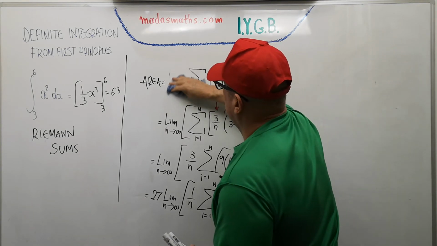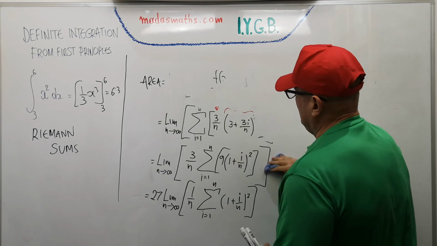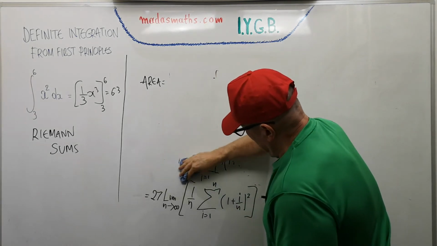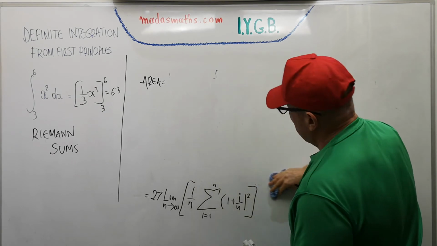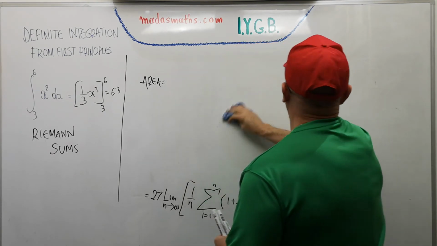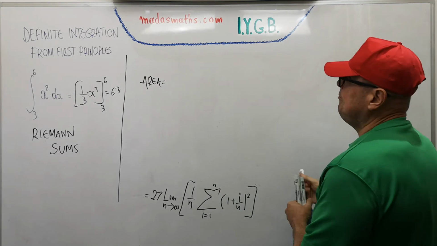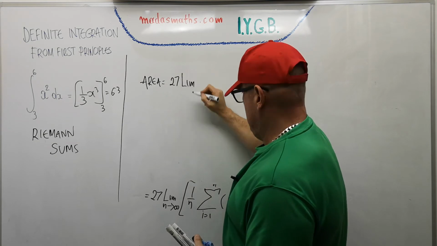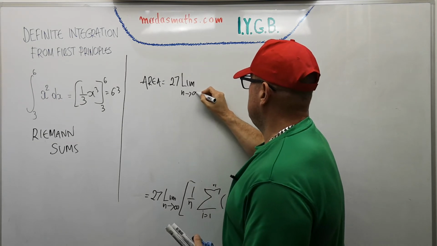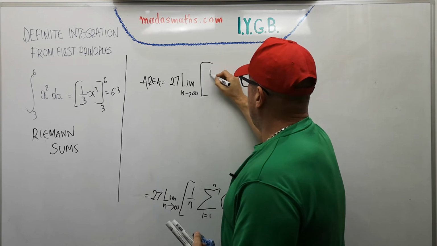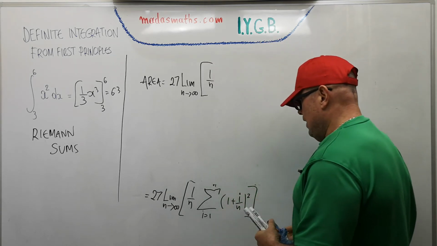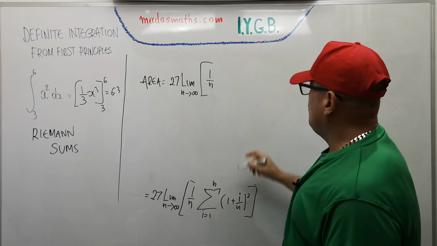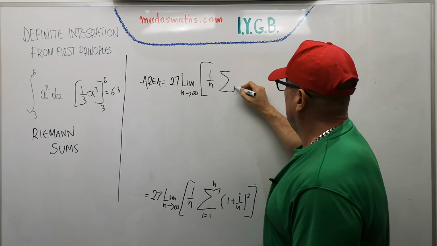Okay, I need some space quite clearly, so let's go to the top and start rubbing things off. So the area is equal, let's take the top 3 lines, and hopefully I haven't made any mistakes so far. Equal 27, limit as n tends to infinity, my 1 over n. Now I need to square this quantity inside my sigma operator.